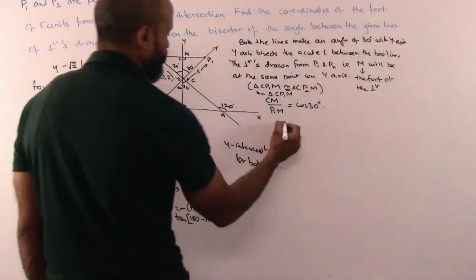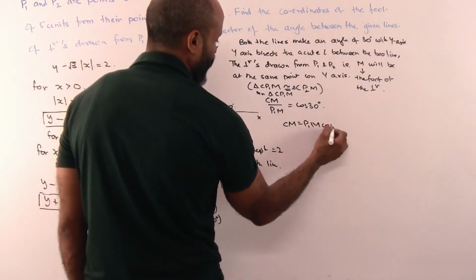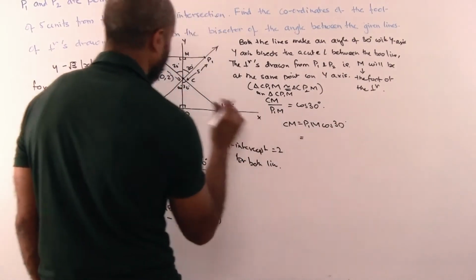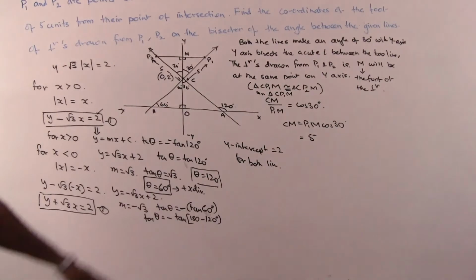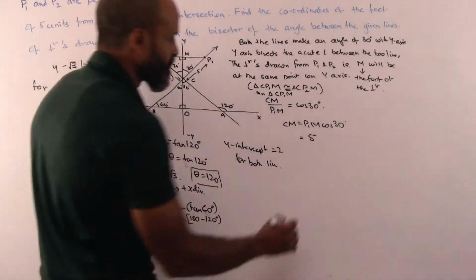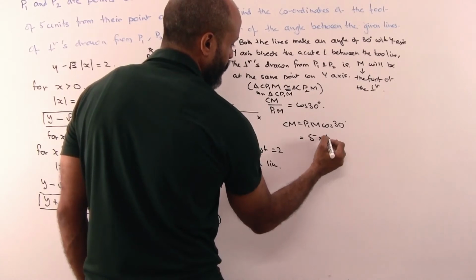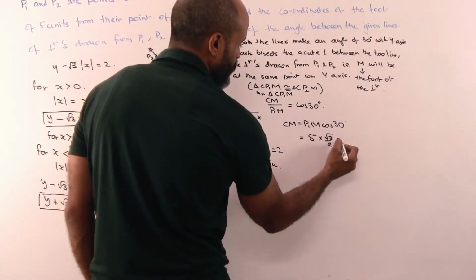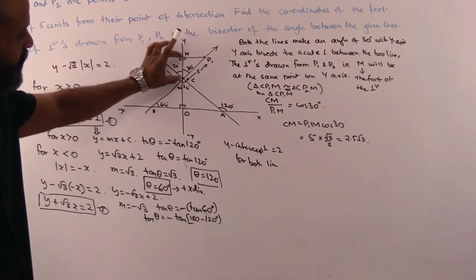Now CM will be equal to P1M cos 30 degrees. P1M is basically 5, and cos 30 is root 3 by 2. So this will be 2.5 under root 3.